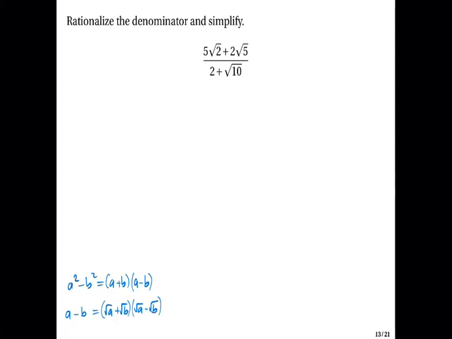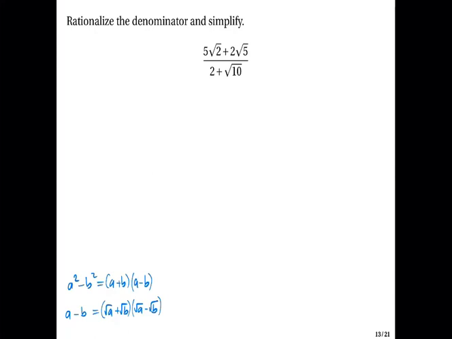The conjugate, if it is a plus, the conjugate becomes a minus. So this is plus, this is a minus. If the original question was minus here, you multiply it with the plus. Okay? So you look at the denominator, if there is a radical there, sum or difference, you multiply both the numerator and denominator by the conjugate of the denominator.